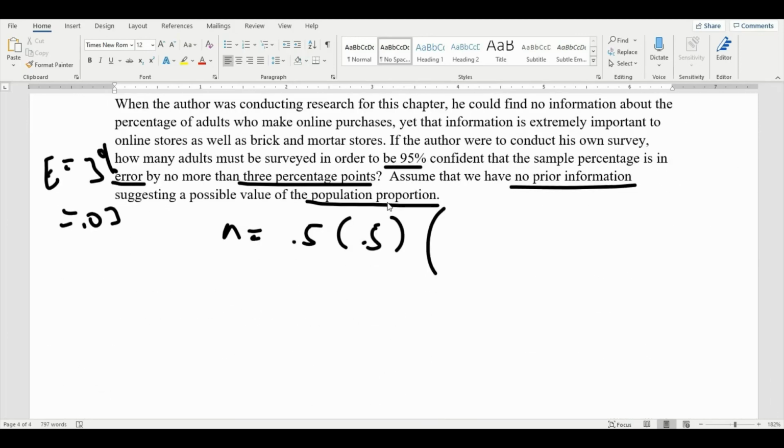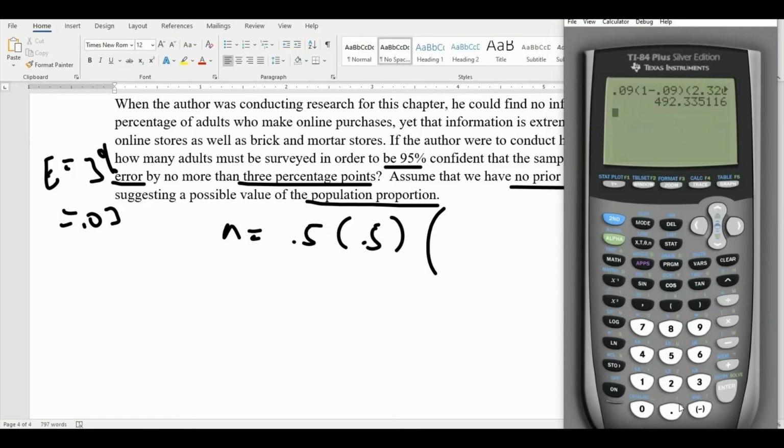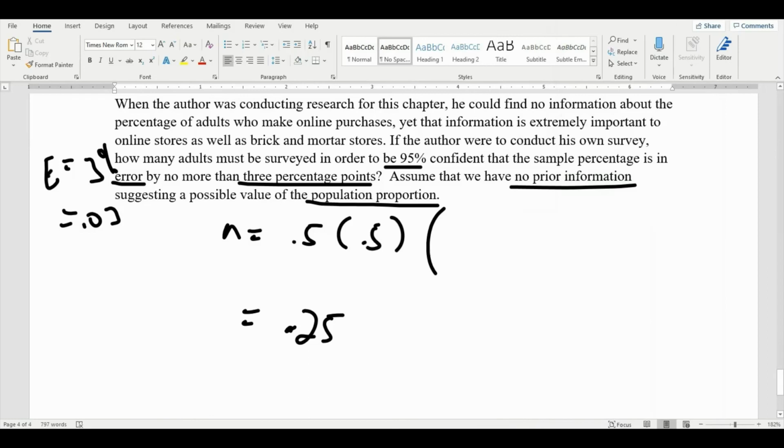Doesn't matter, just be aware. The reason it's 0.25 is because 0.5 times 0.5 is 0.25. That's where that comes from, it just wasn't thrown out there. But we need to find z alpha over 2, and the e is 0.03.